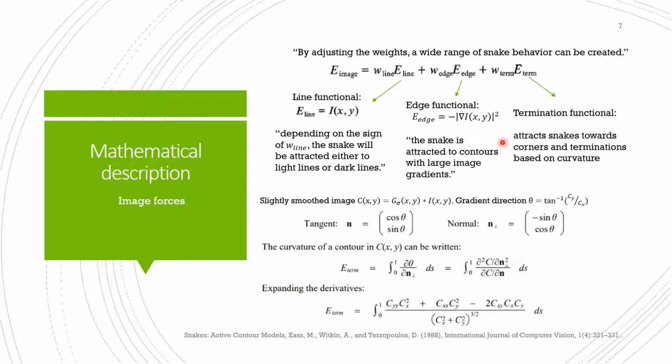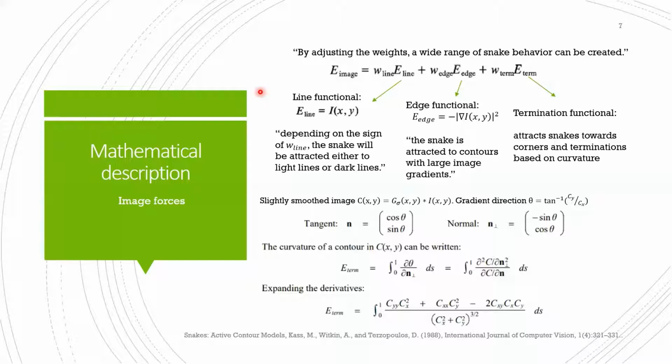Next, image forces. This is the formula for image forces. It has three constituents. The first one is line, the energy due to a line. This is simply the intensity of that point.